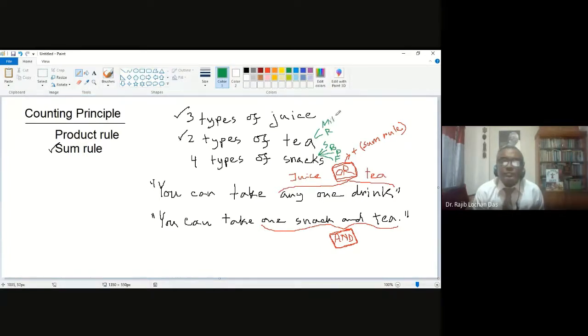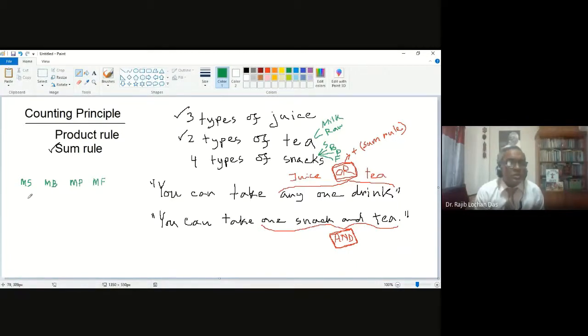So you can now think somebody is taking milk tea and singara. Possible. Somebody is taking milk tea and biscuit. Possible. Milk tea and puri. Possible. And milk tea and fruit.